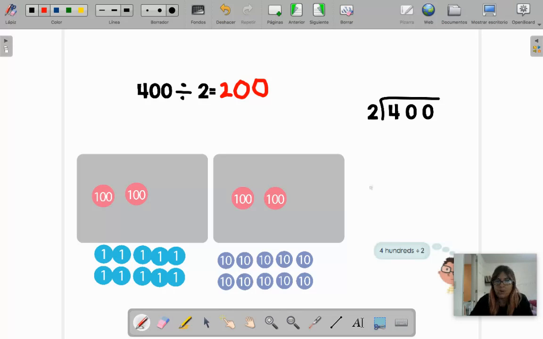Okay, so remember first, like the anchor chart told you, we look at the first number, the neighbor inside the house, okay? The first one. So two ways. First thing when you divide is you think, how many times can I put the 2 inside the 4? To do that, we kind of multiply.